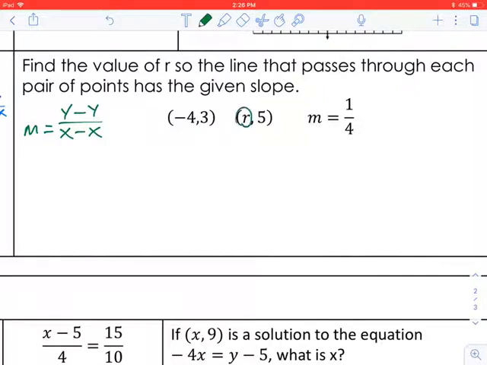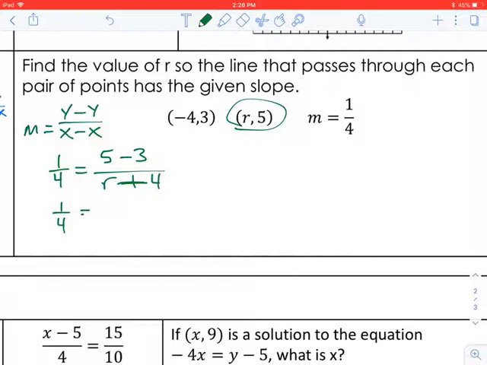So this r value is in the spot of an x. So I need to put that in for x. And so the slope is 1/4. So I'm going to go 1 over 4 is for m equals y minus y. So I'm going to start with the one that's missing something. So y minus y is 5 minus 3. And then r minus negative 4, which becomes plus.